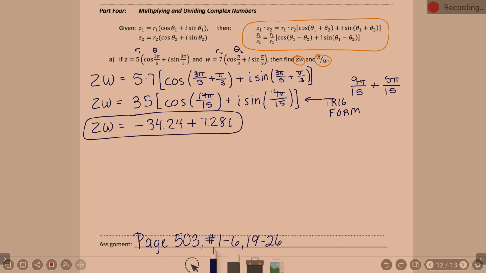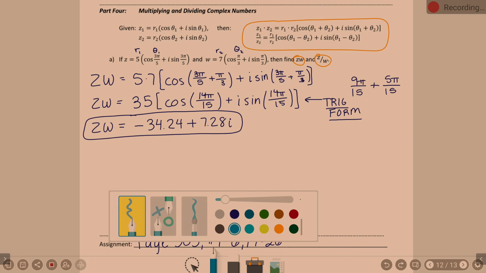In all honesty, I'm more concerned that you can get it in that trig form of r times cosine theta plus I sine theta. The other part was just plugging into the calculator.